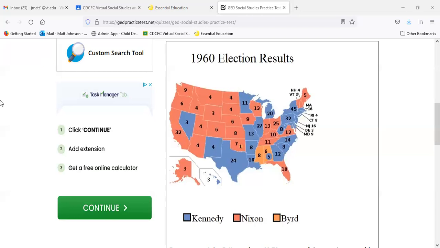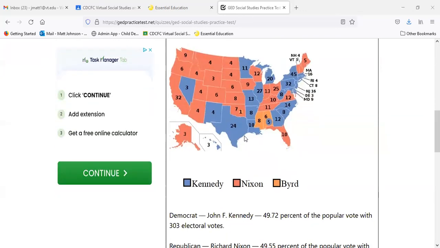Anyway, so we see the Electoral College votes and who won each state there. Well, that's taking me too long to find it. Anyway, oh yeah, it was Harry Byrd from Virginia, conservative from Virginia. So he didn't even win a state. I was curious because there was Robert C. Byrd from West Virginia that was a really powerful senator for a number of years. But I didn't think that's who it was.